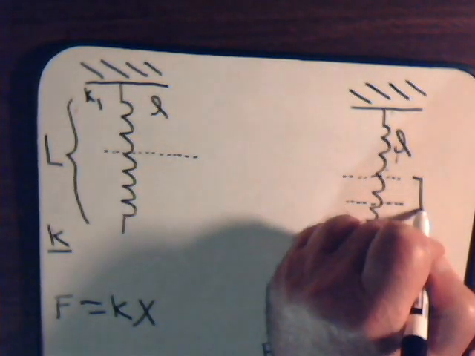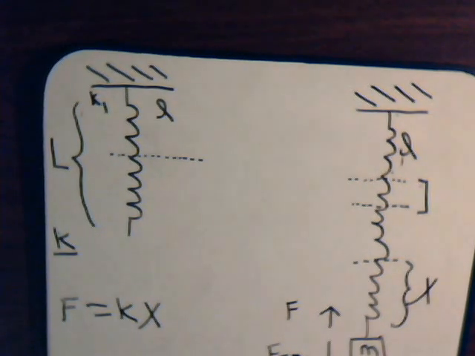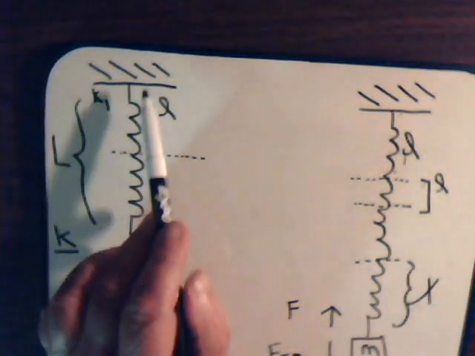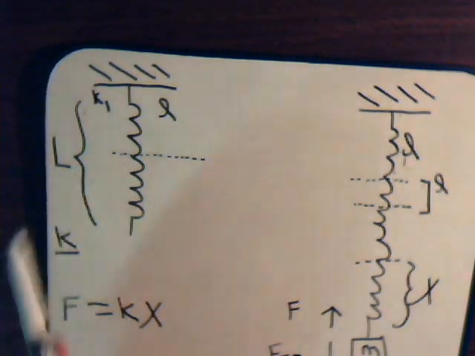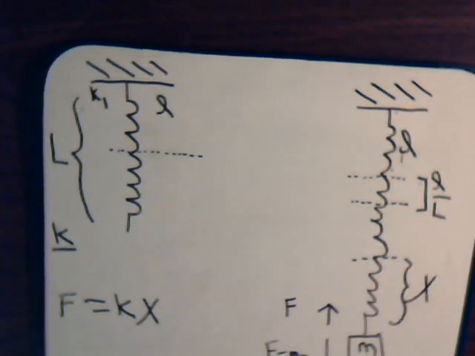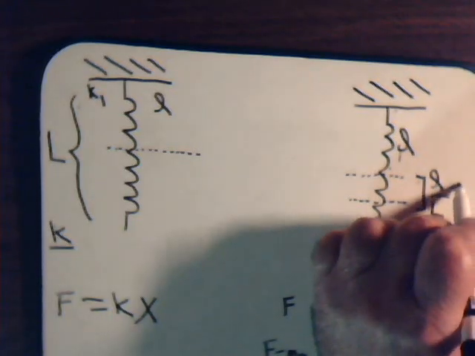Now that gets stretched down a distance, but how far is that distance? And the answer is it's equal to small l, that part of the spring here, divided by capital L, times the displacement for the bottom part of the spring.